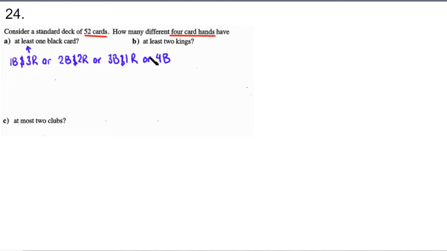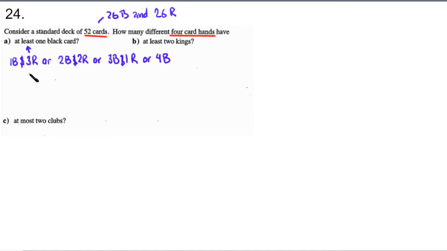Now, the order in which we get the cards doesn't matter. So it's a combination problem. And so for the first one here, in a standard deck of 52 cards, we will have 26 black and 26 red cards.